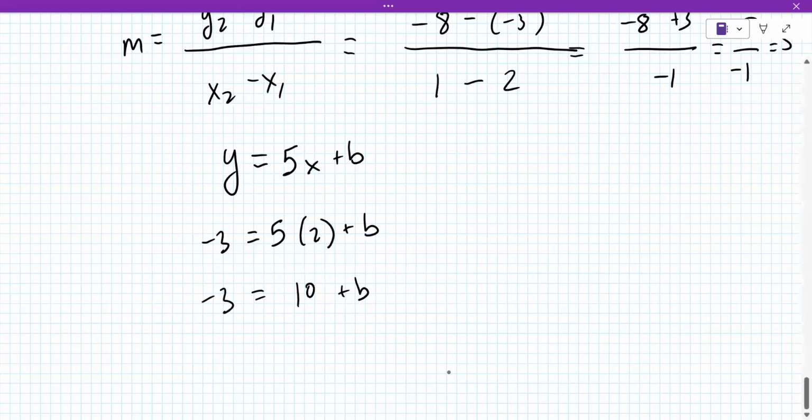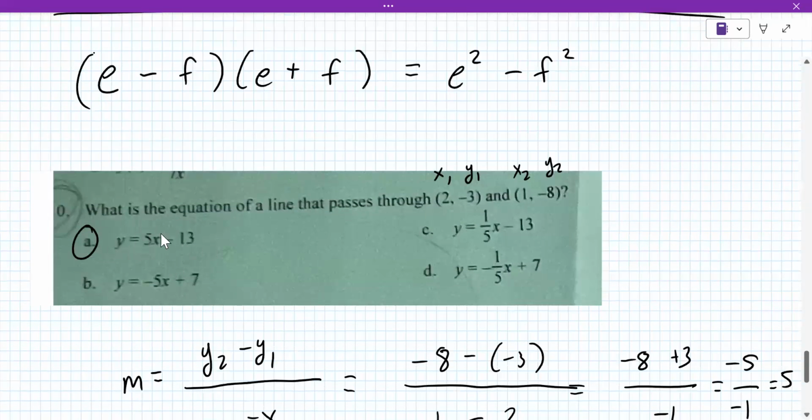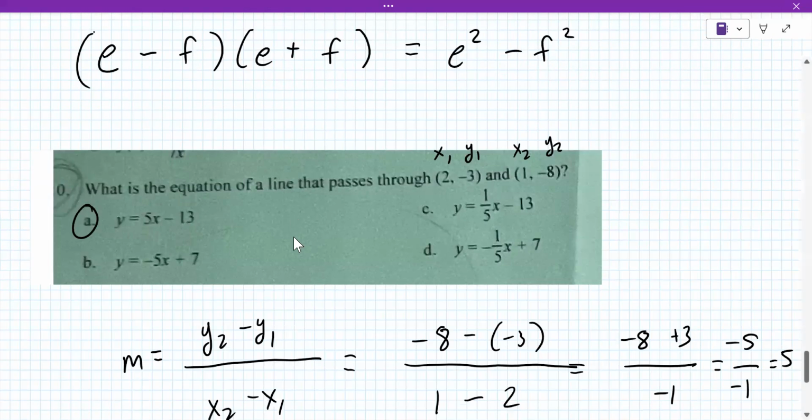Is b -13? Yes. And that matches with what we found in the previous problem here. Okay. So we shouldn't be surprised by that.